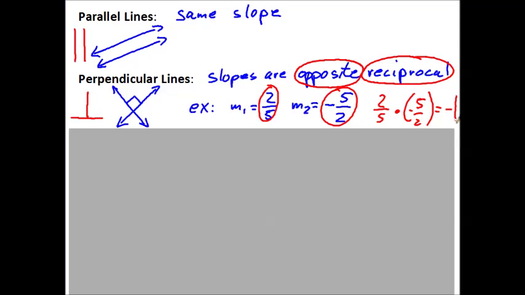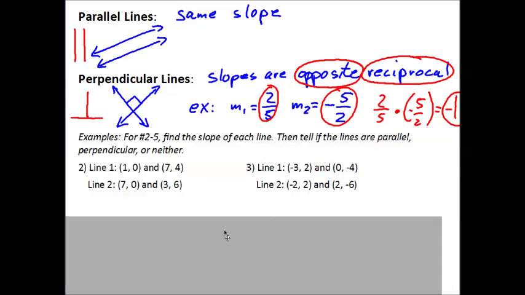And that will always be the case. Anytime you take the two slopes of two perpendicular lines and you multiply them, the answer is -1. That's another way to think about the opposite reciprocal. Two opposite reciprocals multiplied by each other will give you the answer -1 every time. Let's look at some examples.